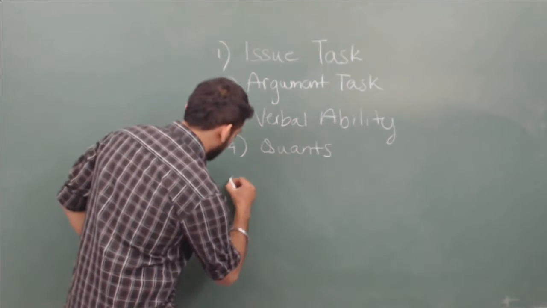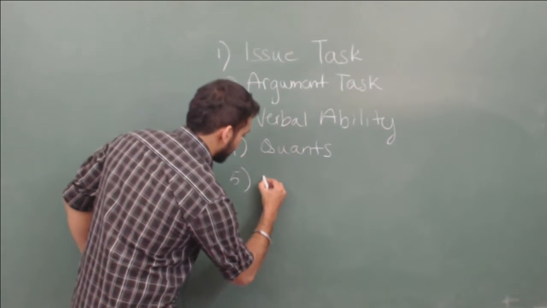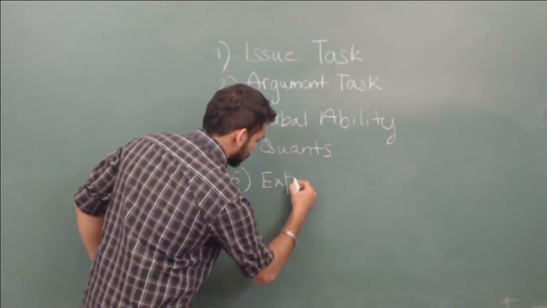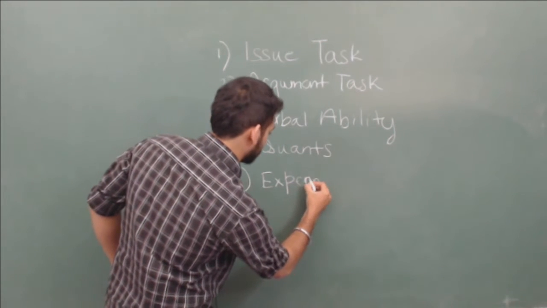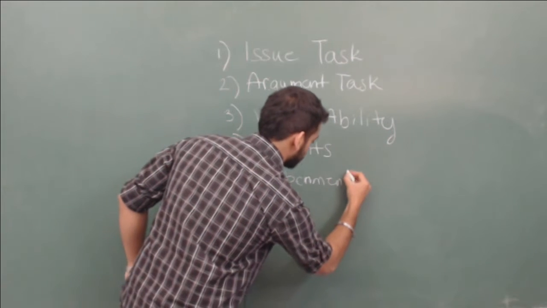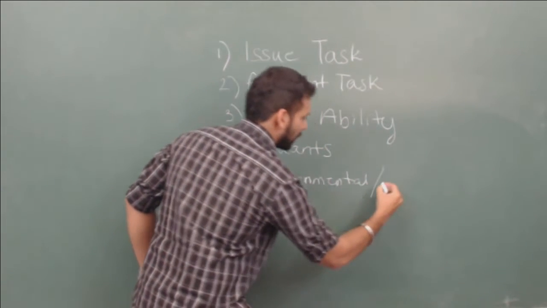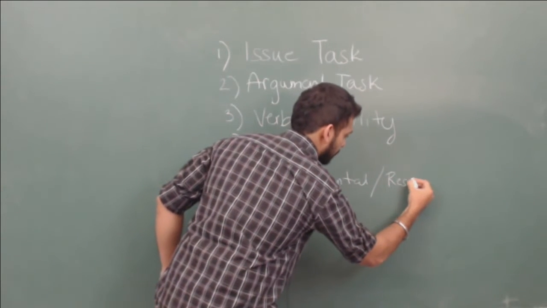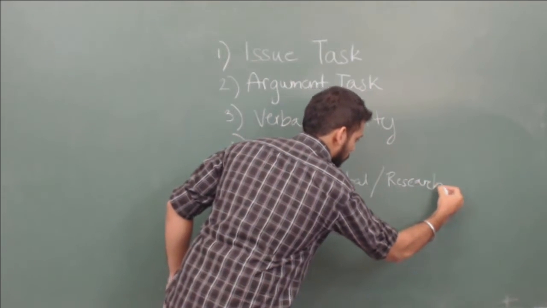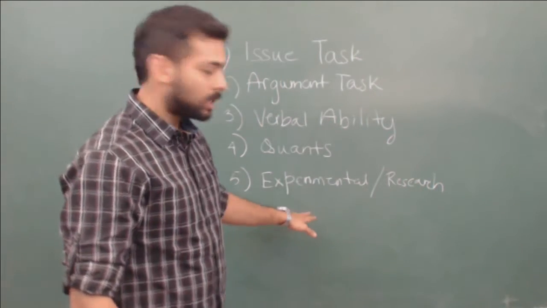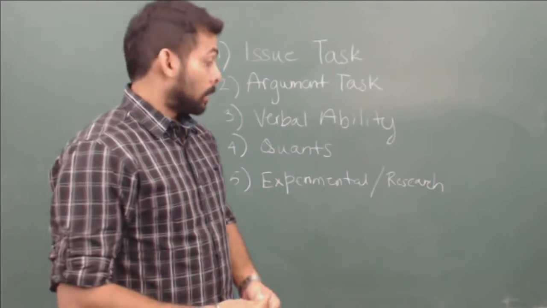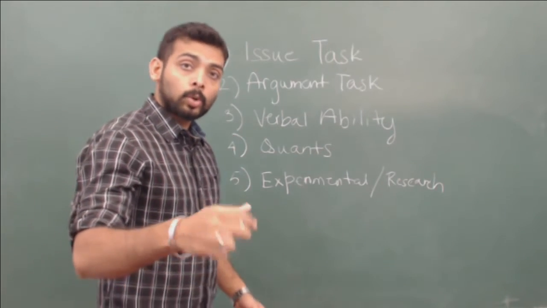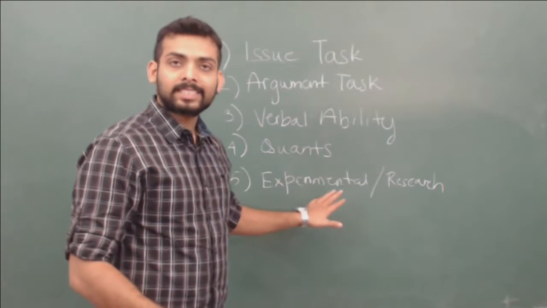In addition to that, there will be one experimental or research section. This will be either a quant section or a verbal section, but the catch is you don't know which section is experimental.